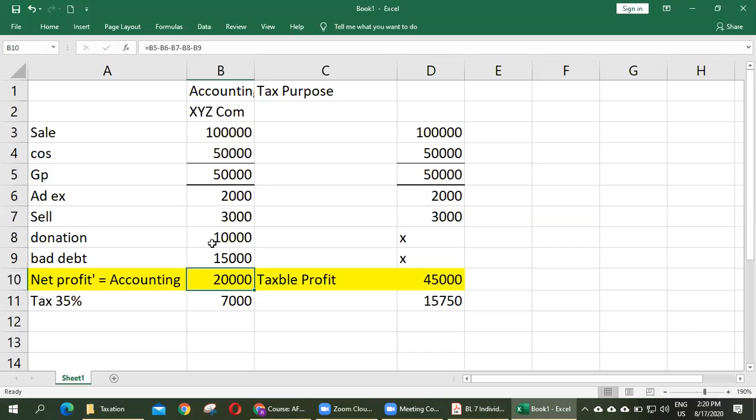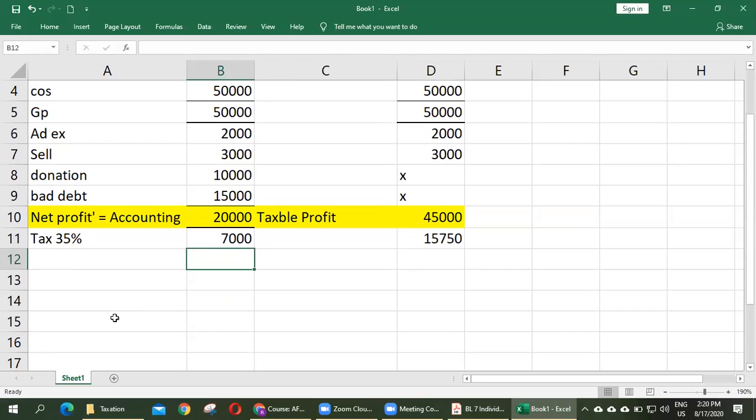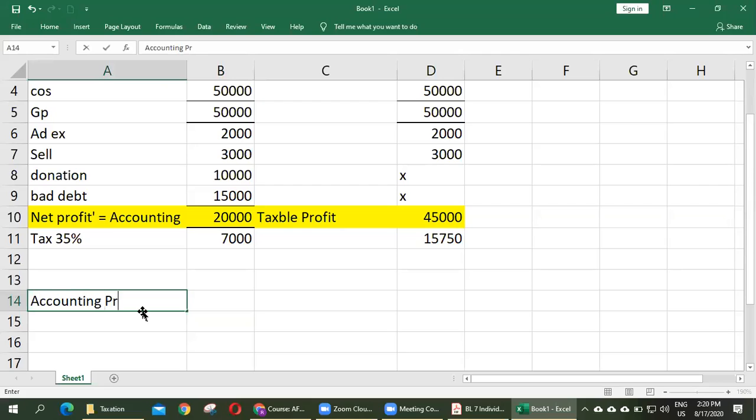Here we have to adjust this profit, so we arrive at taxable profit from accounting profit. In this example, how much is the accounting profit? Accounting profit equals 20,000.